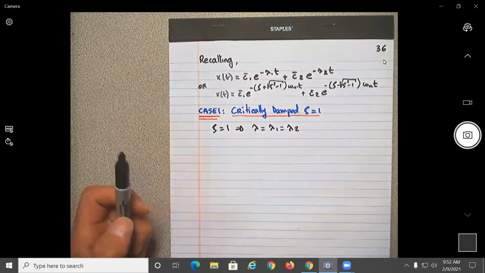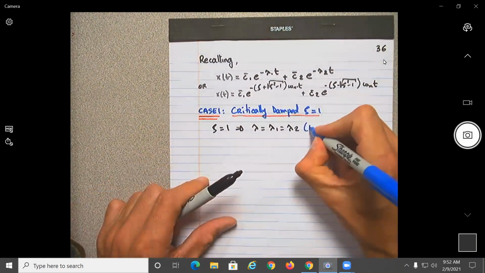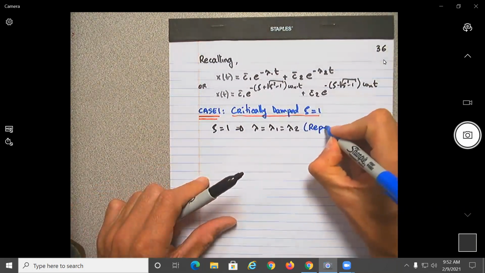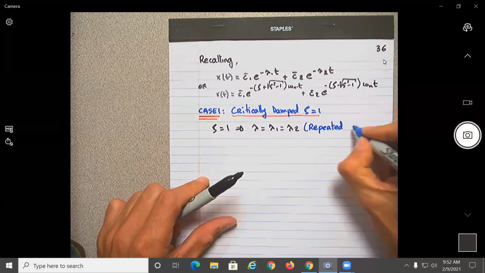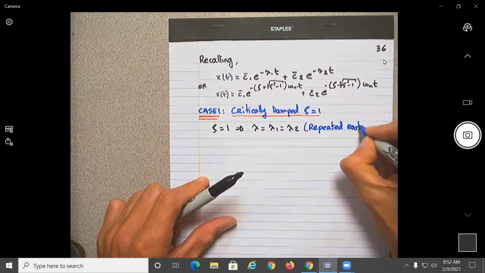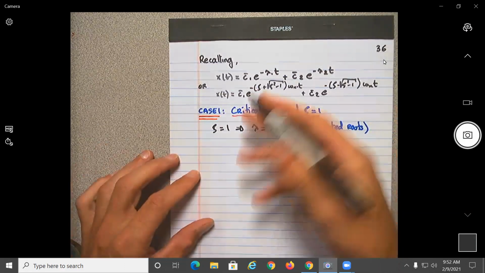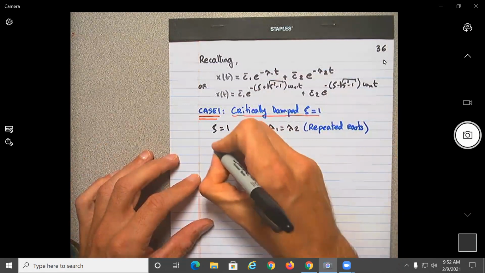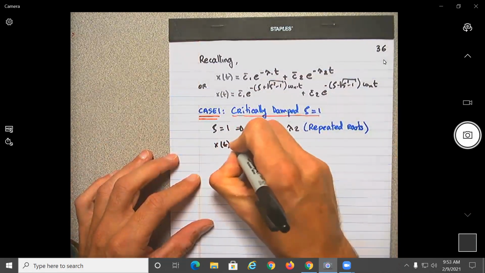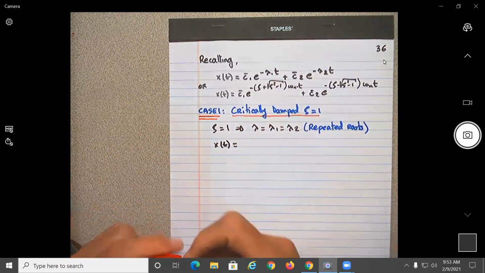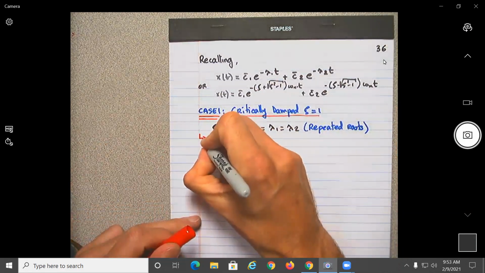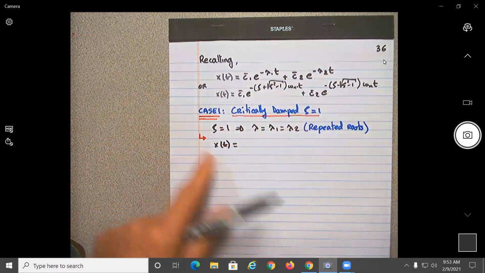Okay, so this will be the case where we have repeated roots of the characteristic equation. In that case, I'm just going to write the top equation. You have x of t, so this means zeta equals 1.